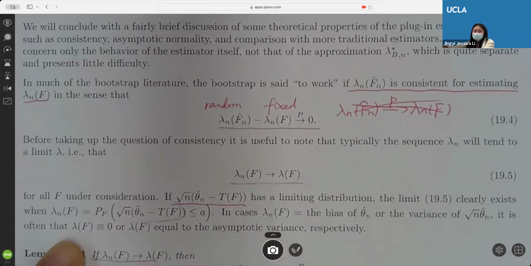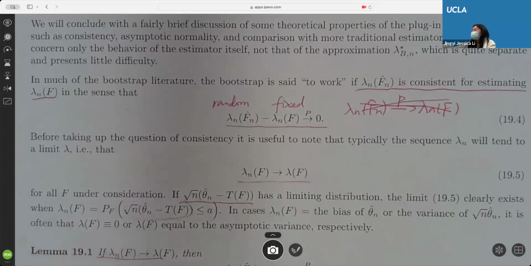For example, if the performance measure is a bias, and we know the bias is asymptotically zero, then we just show that the plug-in estimator converges to zero in probability. Then we don't need to worry about what the finite sample bias is, because that formula may be complicated. Does that make sense? Yeah. Okay, so that's the thing.